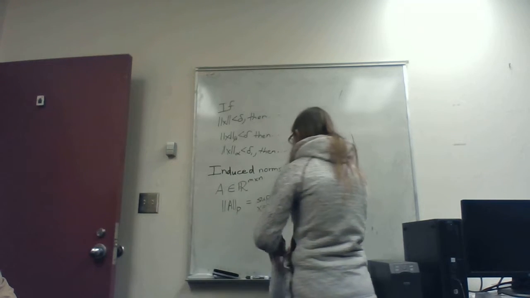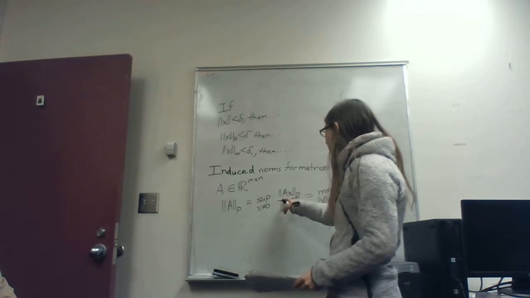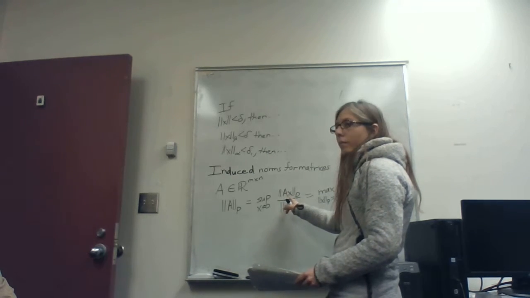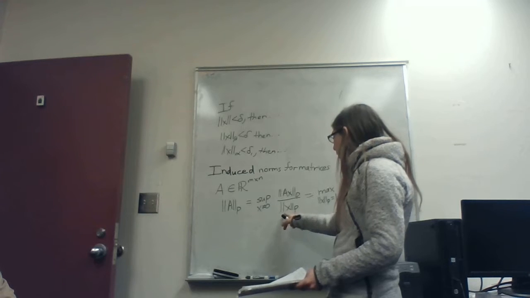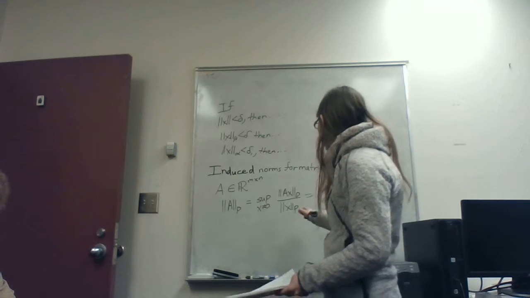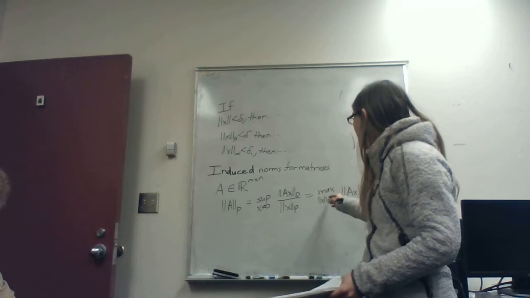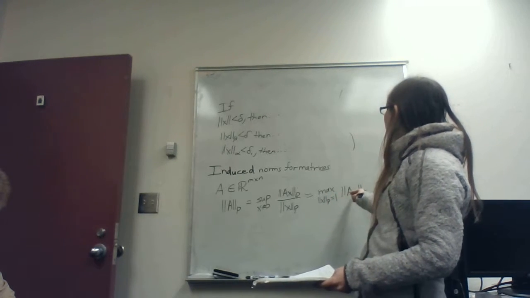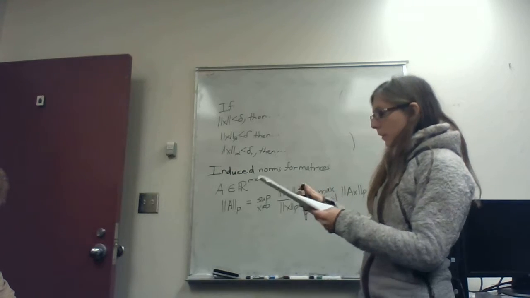So this is the supremum, when x is not 0, of the p norm of A times x. A times x is a vector. And then over the p norm of x. It turns out that someone found out this was equivalent to the max, for x with p norm 1, of the p norm of Ax.